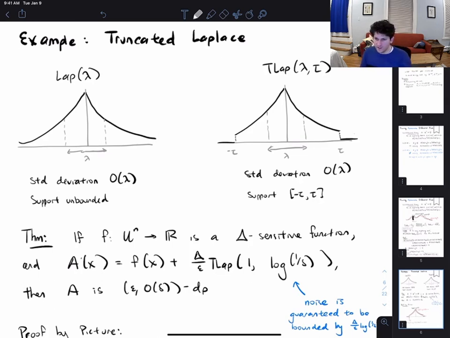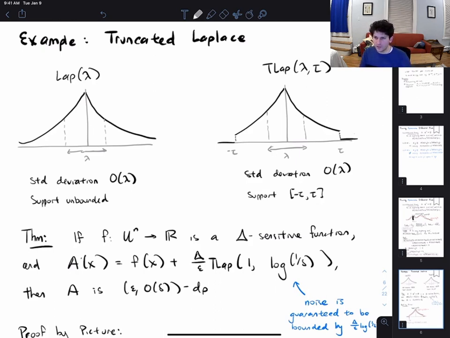So if we tolerate some small delta bigger than 0, we can guarantee that the noise will never be too big. One way to think about this is that the Laplace distribution has some small probability of outputting something totally ridiculous, and we're trading that small probability for a small probability of losing privacy. There are settings where maybe that's reasonable.